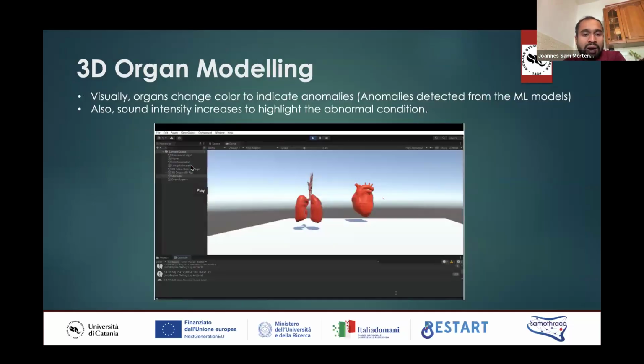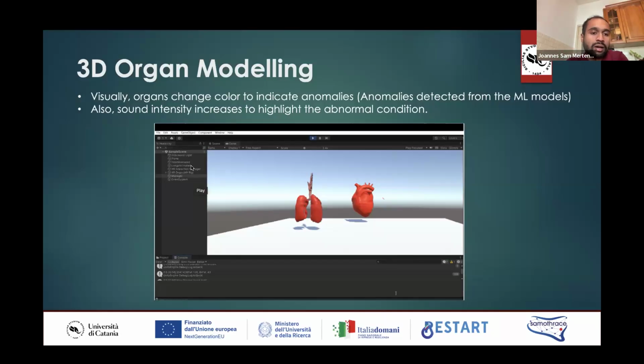And apart from the view, we were also giving colors to it, meaning that when there is an anomaly, for example, when the heart rate goes beyond a threshold, or when the breathing rate goes below a threshold value, you actually see a change in color. Also, the sound intensity changes, meaning that when you wear the VR device, you also get the sound haptics changing.